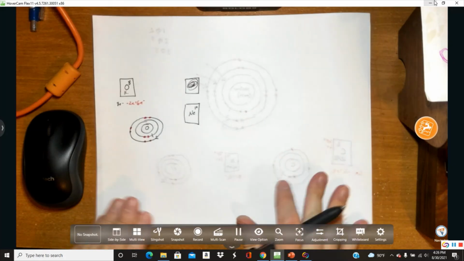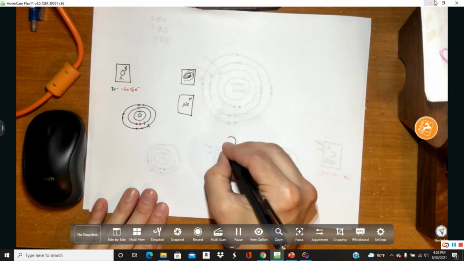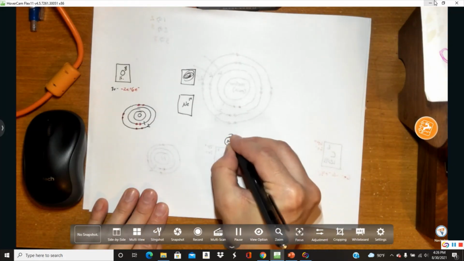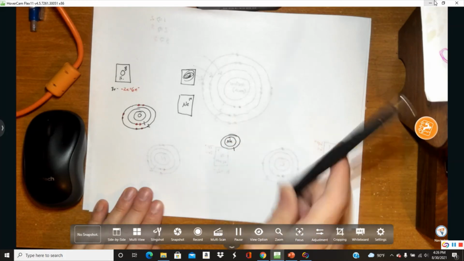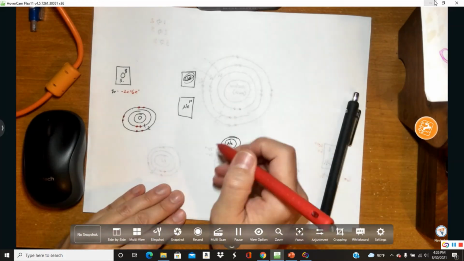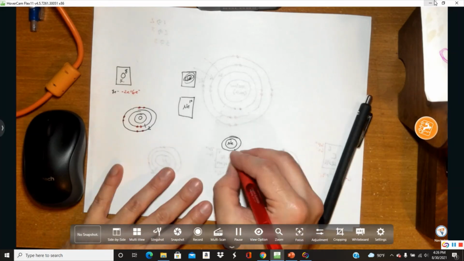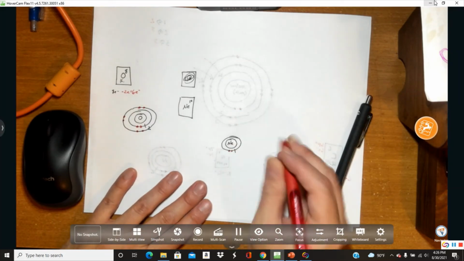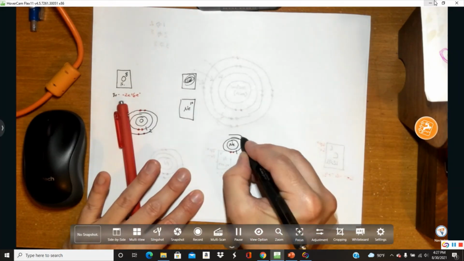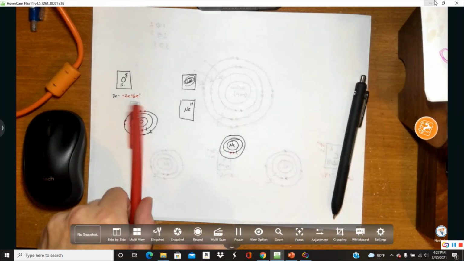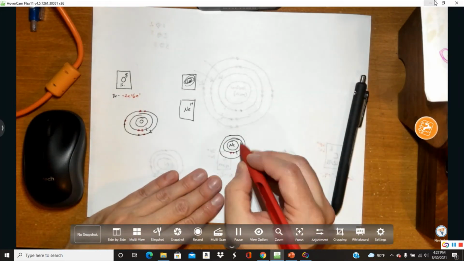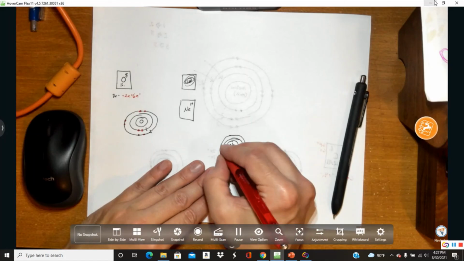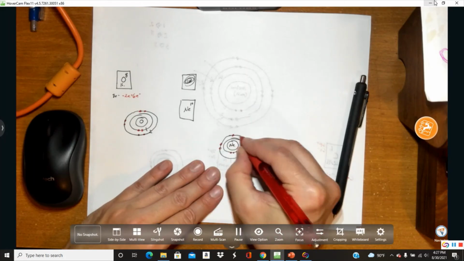Now, a nucleus of neon. Let's take it without writing it down first. We have 2 electrons here. Let's see, we have 8, 9, 10. Ah, there we go. A filled outer shell.